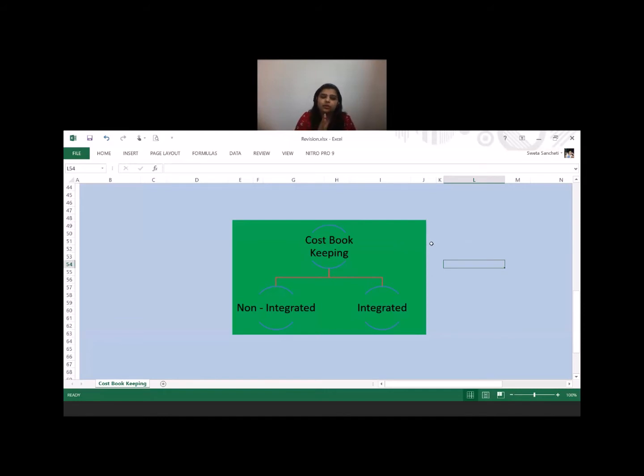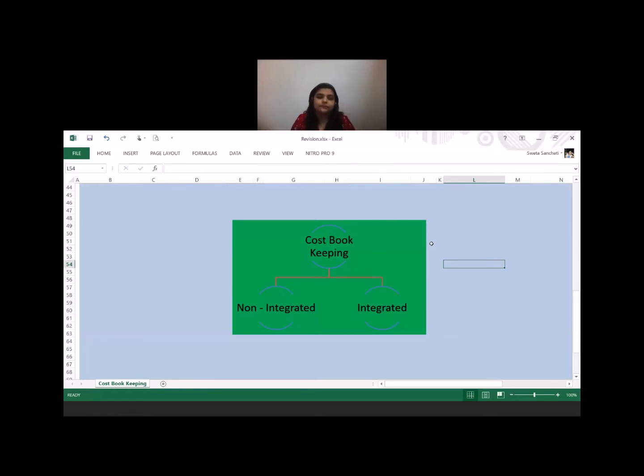When I'm talking about non-integrated, that means we are going to just focus on the cost books. We are going to ignore the financial transactions, that means those transactions which are not related to our cost bookkeeping. What kind of transactions are not related to cost bookkeeping?